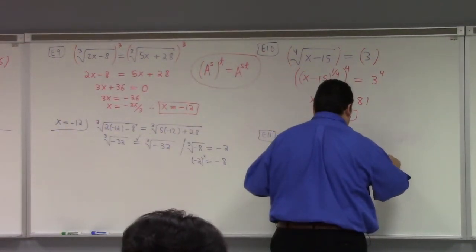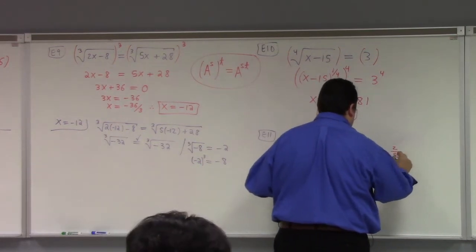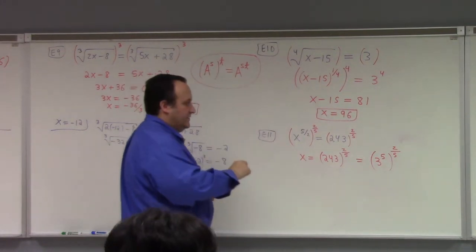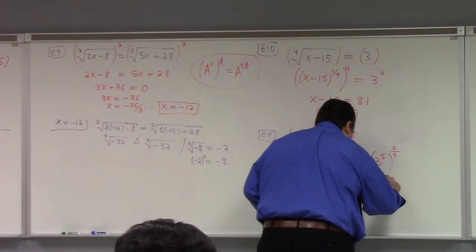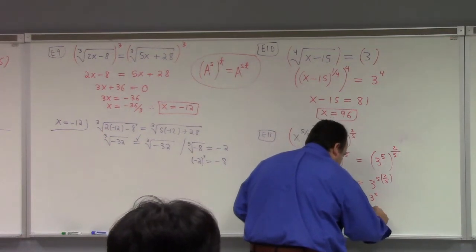So we have 3 to the 5th raised to the 2/5 power. How does that work out? The 5's cancel, so we get 3 to the 5 times 2/5 by the law of exponents. The 5's cancel, we get 3 squared. The answer is 9.